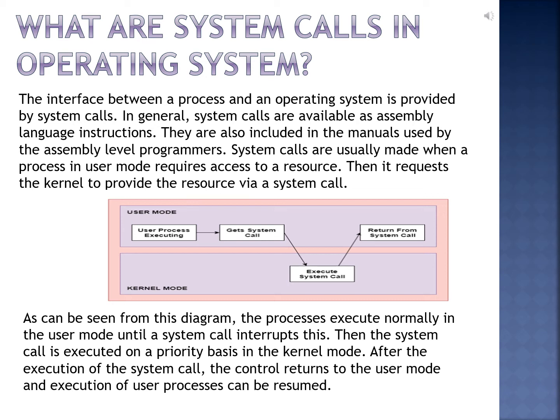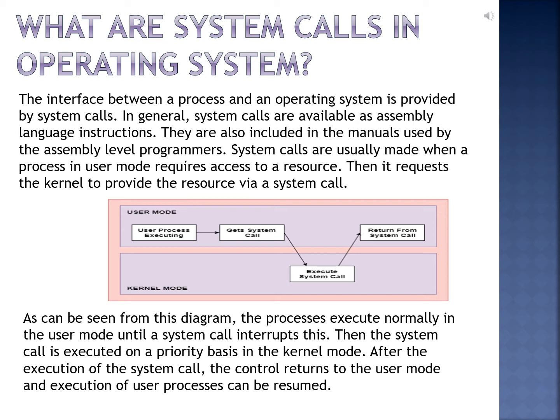A computer program makes a system call when it makes a request to the operating system's kernel. A system call provides the services of the operating system to the user programs via application program interfaces, that is, API.